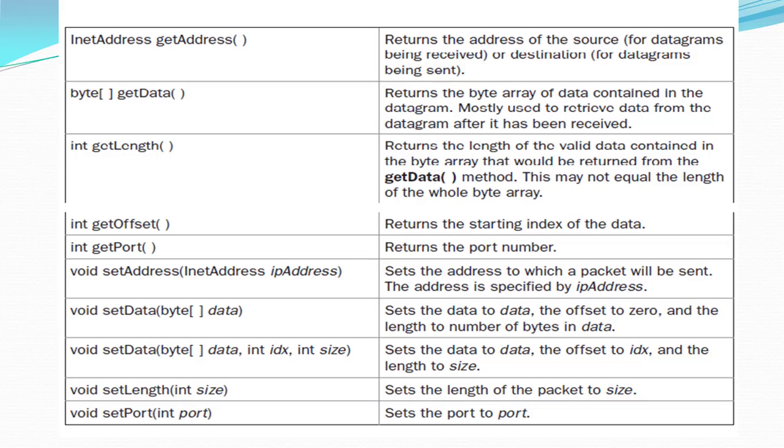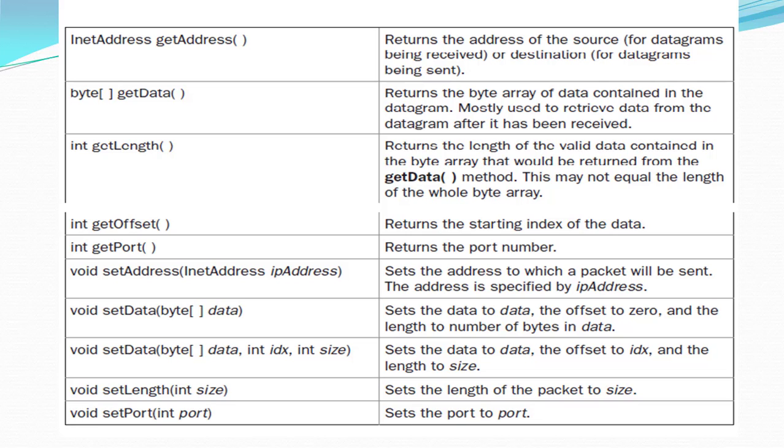The methods of DatagramPacket: InetAddress getAddress returns the address of the source for datagrams being received or the destination for datagrams being sent. byte[] getData returns the byte array of data contained in the datagram, mostly used to retrieve data from the datagram after it has been received.